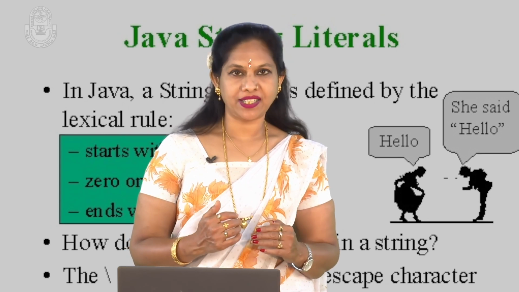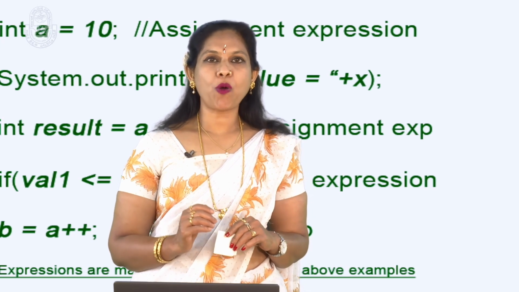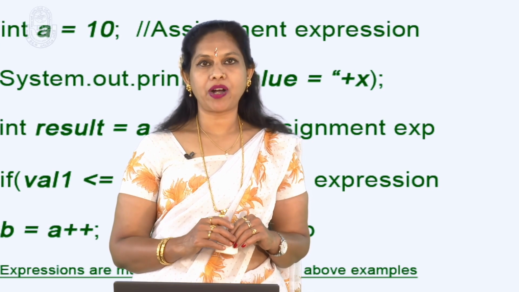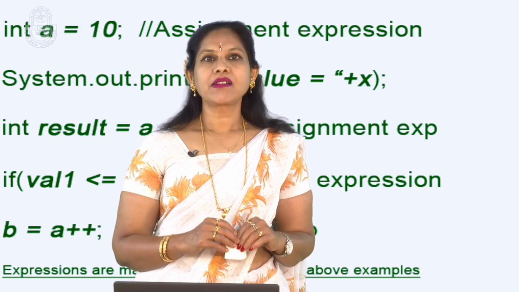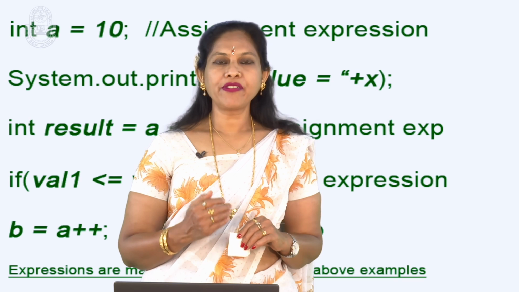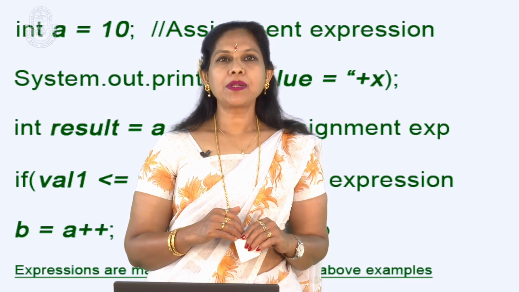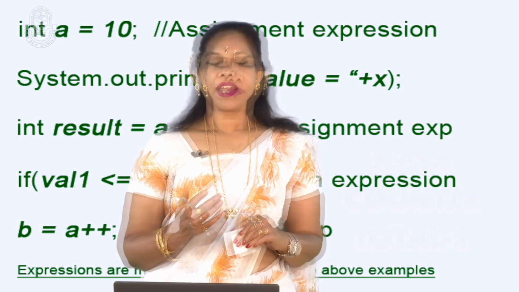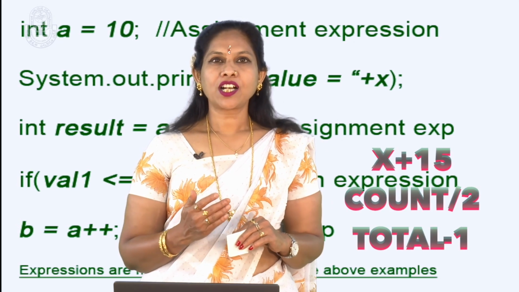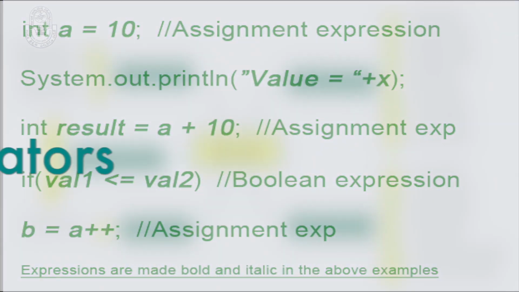Expressions. Expressions are the simplest form of statements in Java. These statements return a value that can be assigned to a variable. The following are examples of expression: x plus 15, count divided by 2, total minus 1.